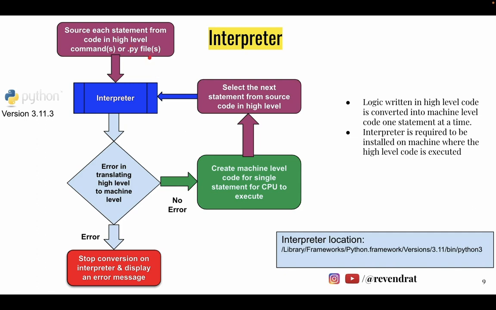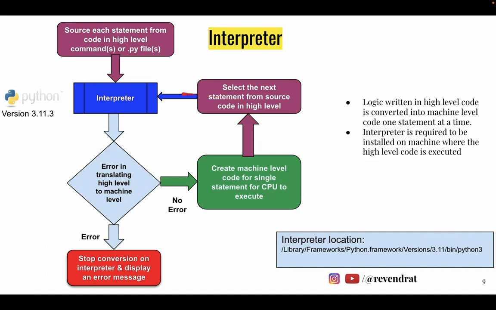The entire code is broken down into small statements, and each statement is passed to the interpreter to convert this high-level language statement into machine language. In case the interpreter encounters any error, it stops the conversion and displays a message to the developer. Assume that there is no error in translating high-level code into machine level, then machine-level code is generated for that particular block of statements. This machine-level code is sent to the CPU for execution.